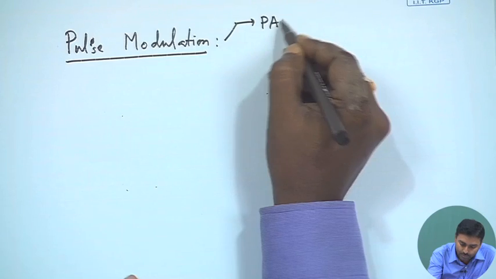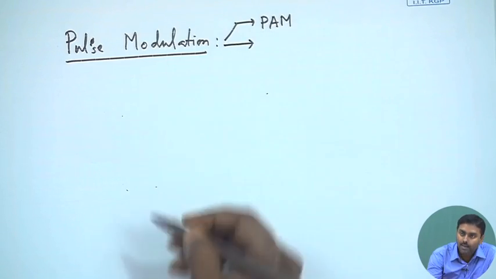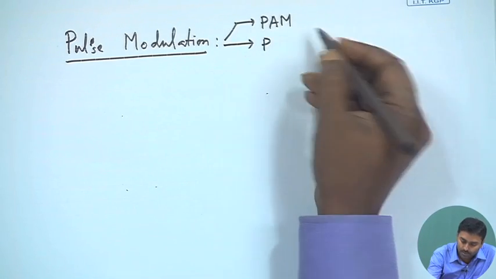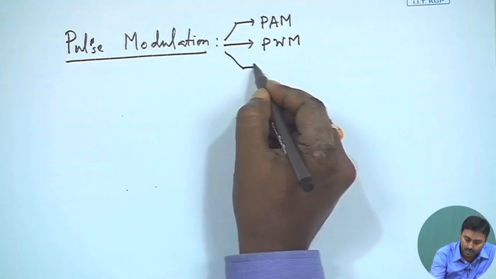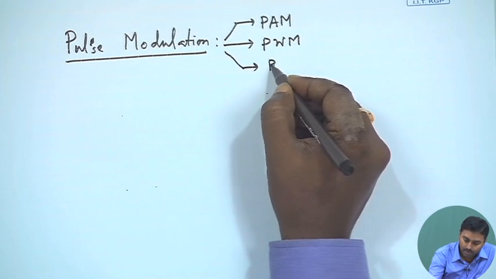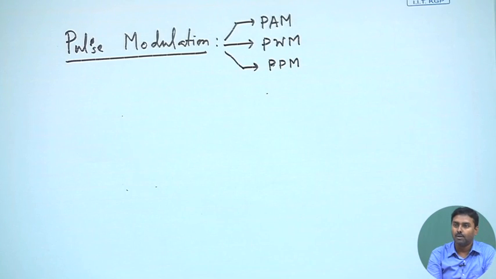Here also there are 3 techniques. One is called pulse amplitude modulation, PAM, another is called pulse width modulation, and the other is called pulse position modulation. It is almost analogous to frequency, phase and amplitude.